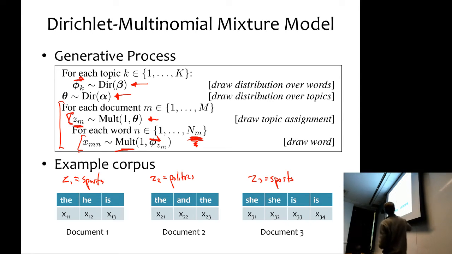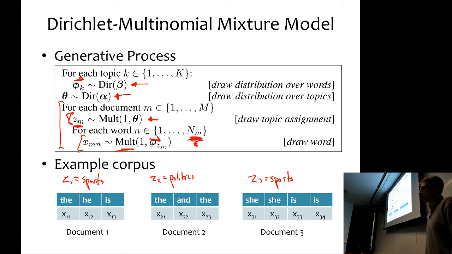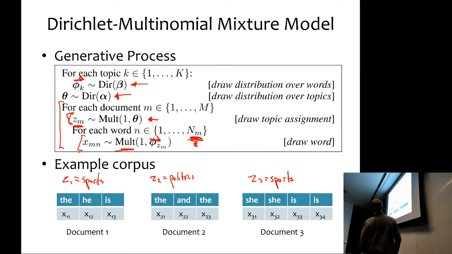So in our setting, we're going to be looking at settings where these are latent topics, but I also want to think about the case where they're observed. The reason I want to think about the case where they're observed is that what I just drew up there on the slide was actually an example of naive Bayes. Namely, we have documents, and they have labels.